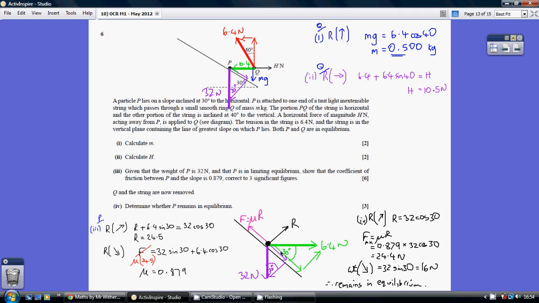That's 32 sin 30, which is 16 newtons. So basically the weight is 16 newtons down the slope. We've got up to 24.4 newtons of friction to use, which is plenty to counteract the 16 newtons of weight. Therefore it remains in equilibrium.